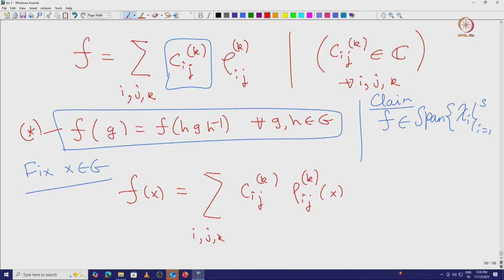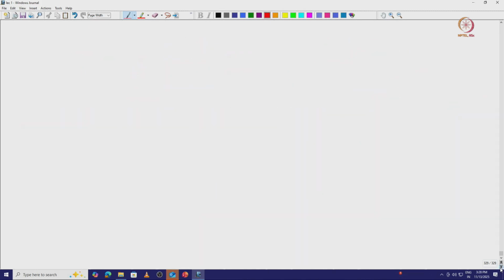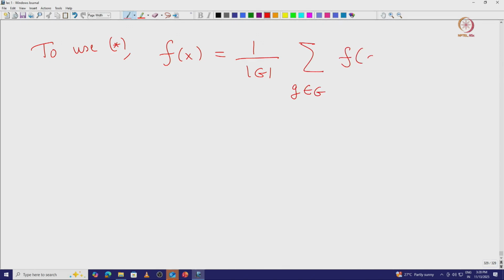To use star, we rewrite the same f of x as 1 divided by the cardinality of G times the summation over g in G of f of g inverse x g. Since f is a constant function on a given conjugacy class, this equation is true.